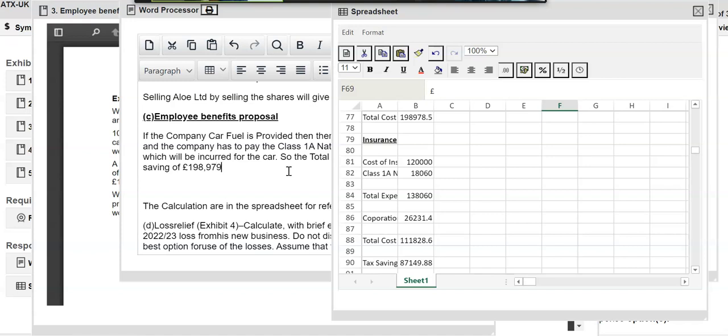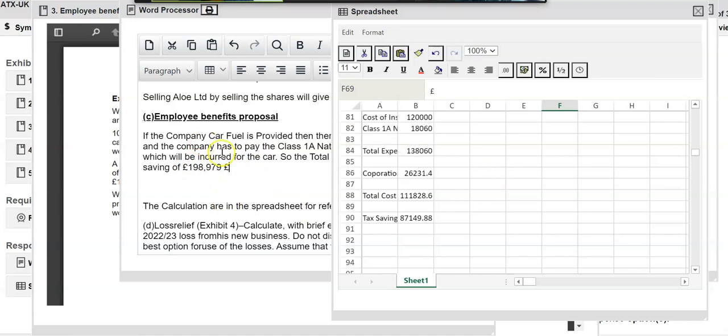So the cost of providing the fuel was making a tax saving of 198,979, right? The total, no, this is the total. It's a tax saving if you provide the fuel to employees. So I'll be writing the other amount as well, so I don't have to use the spreadsheet again. So that was 87,150, right?